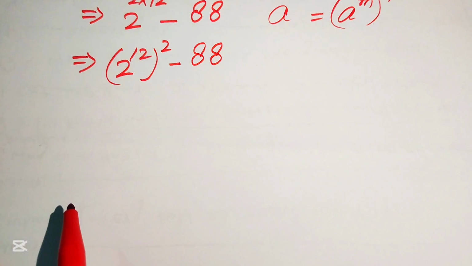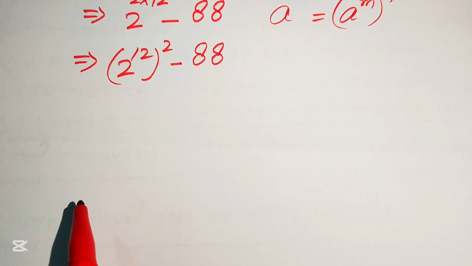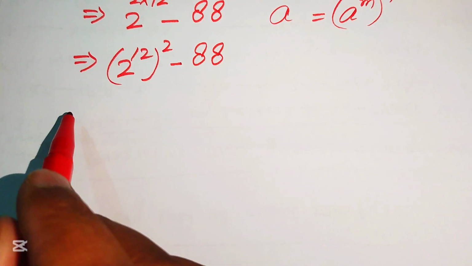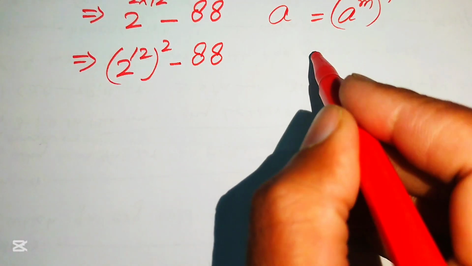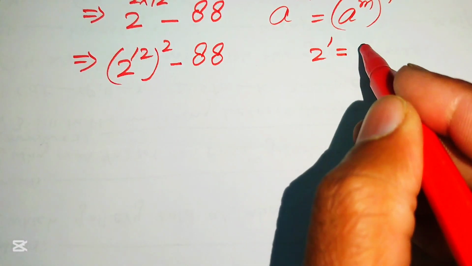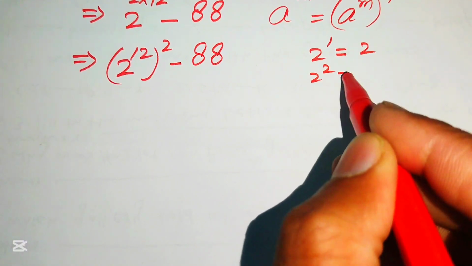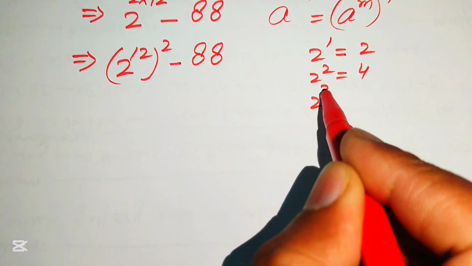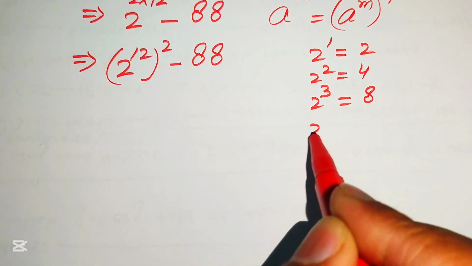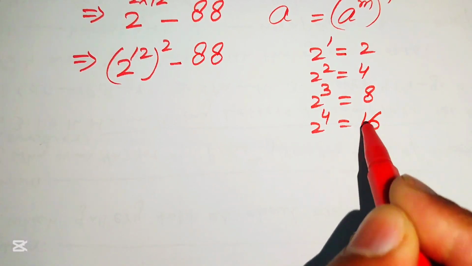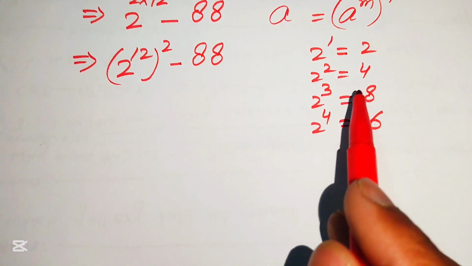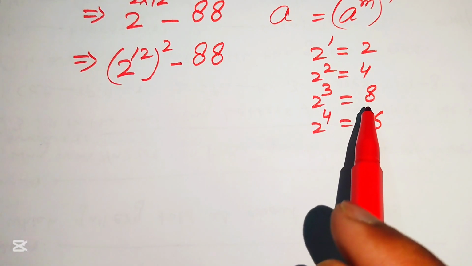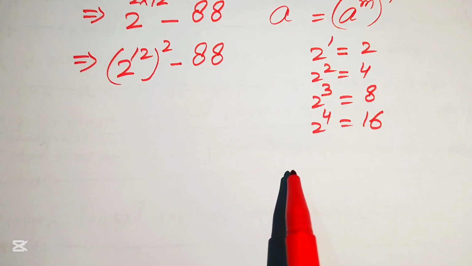Now in the next step, you can easily find the value of 2 to the power of 12. We know that 2 to the power of 1 equals 2, 2 to the power of 2 equals 4, 2 to the power of 3 equals 8, 2 to the power of 4 equals 16. Focus on the right hand side: to find the next value we multiply the previous value by 2.